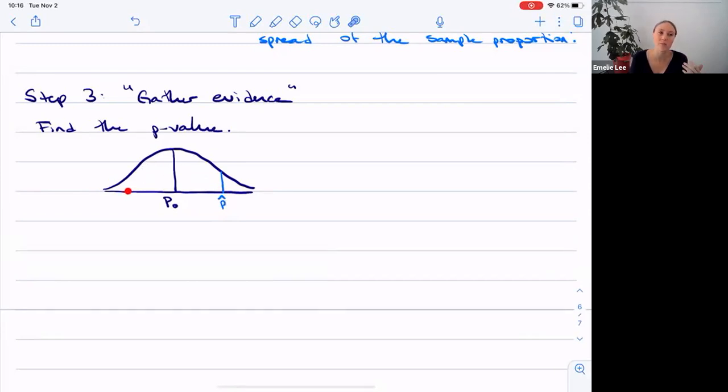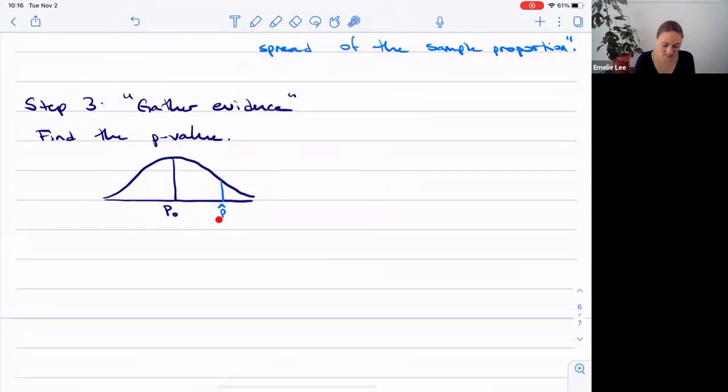And so that's what I'm allowing when I'm testing a two-sided test. When I'm looking for a difference, I could be looking in either direction, either tail. Remember the p-value is the probability of seeing something as extreme or more extreme than what you saw, right? And so here, this is going to be the p-value.